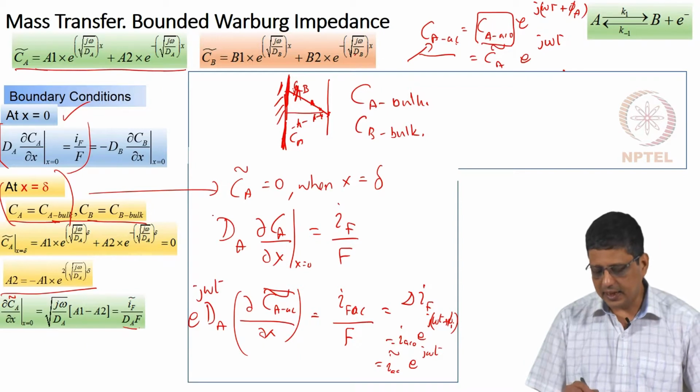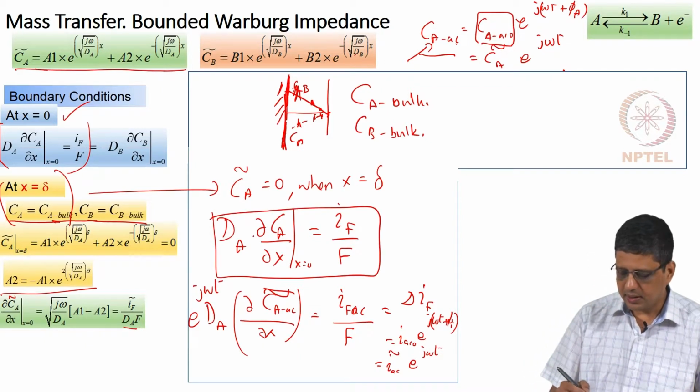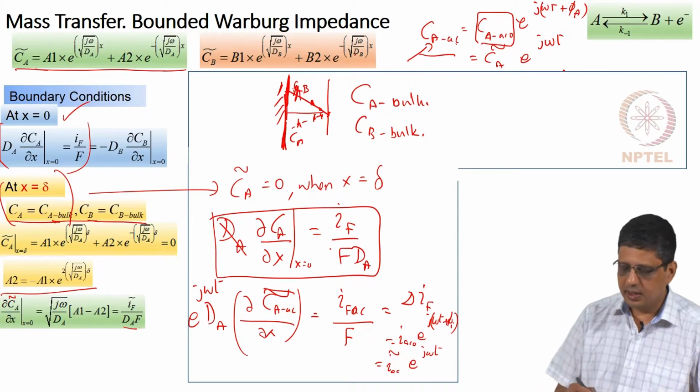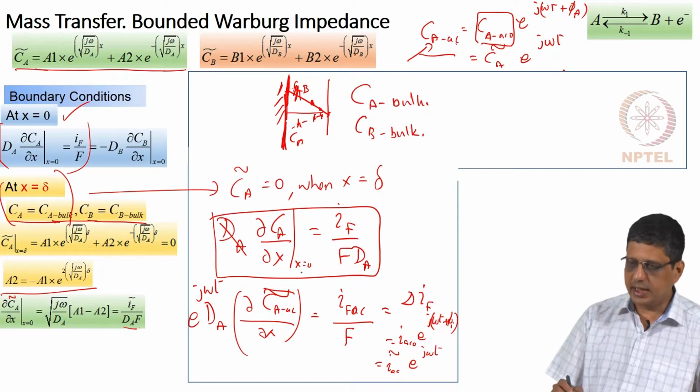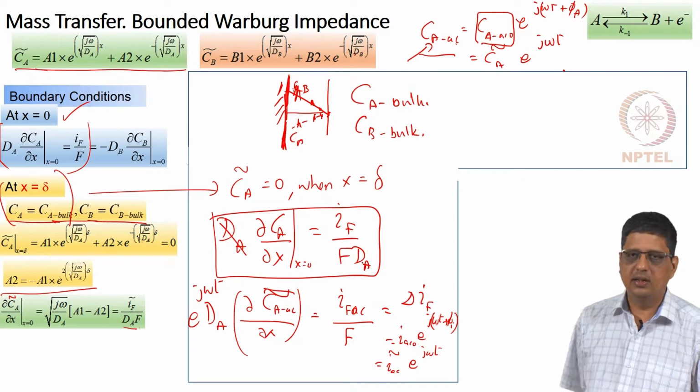So, instead of writing like this, I can of course bring this dA below to the denominator here. Instead of writing dou Ca by dou x at x equal to 0 equal to IF by dAF, I can write dou Ca tilde by dou x at x equal to 0 is IF tilde by FdA.